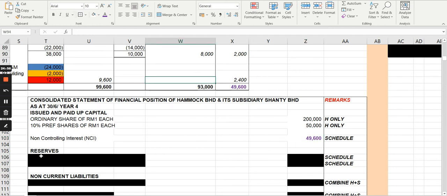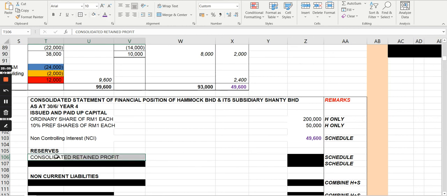The next item is the group reserve. So the group reserve that you have would be, first, the consolidated or the group retained profit, right?